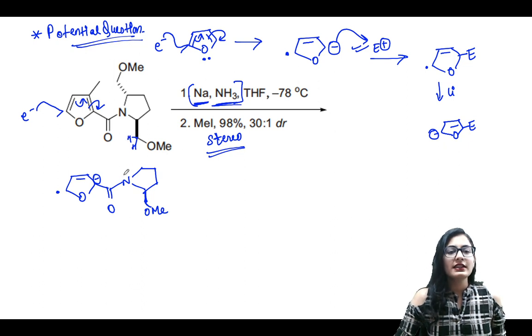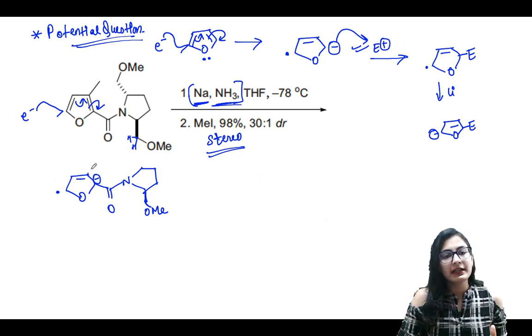Okay, so we can say that if we want to add one group to our molecule in the next step, as you see, methyl iodide is getting added. When methyl iodide is added, it gives us the electrophile methyl, and the negative charge attacks the methyl. What are we going to get?